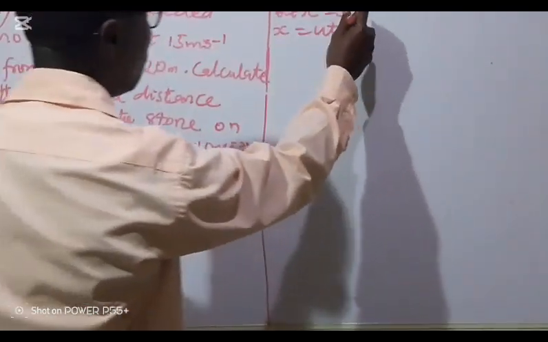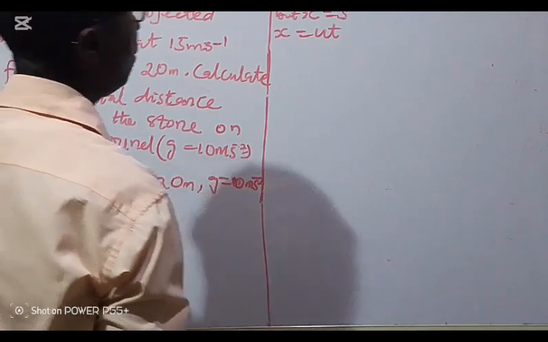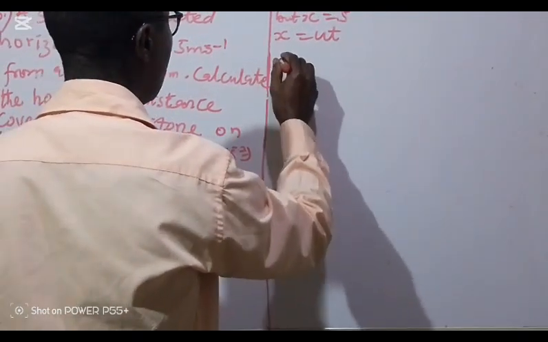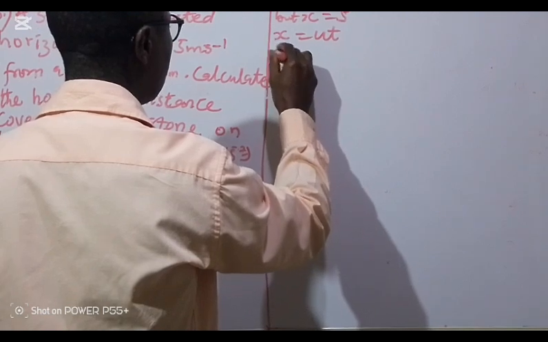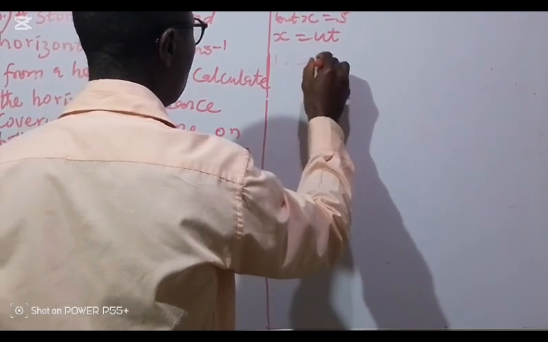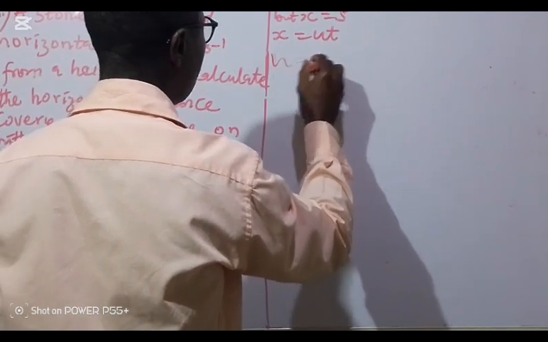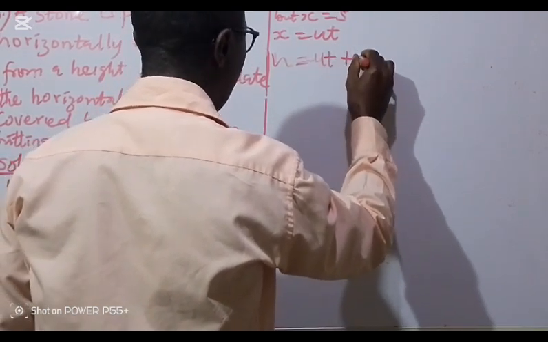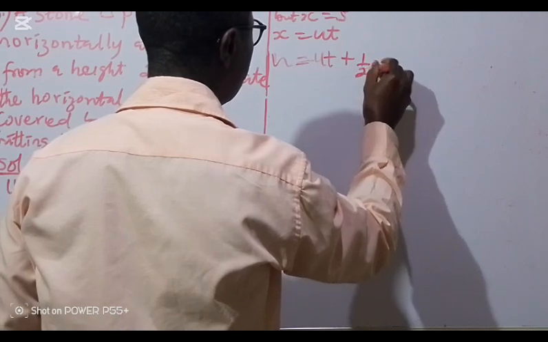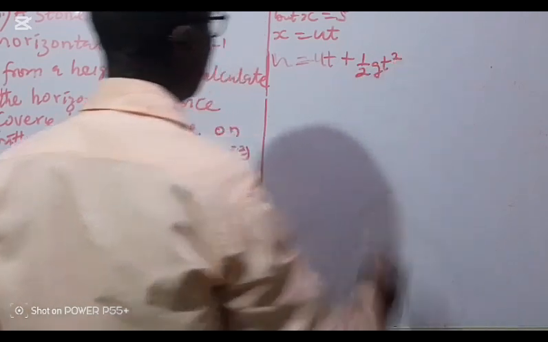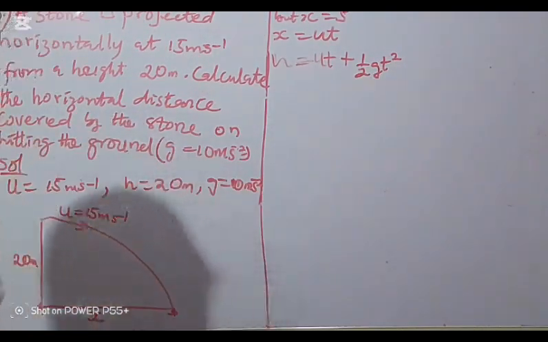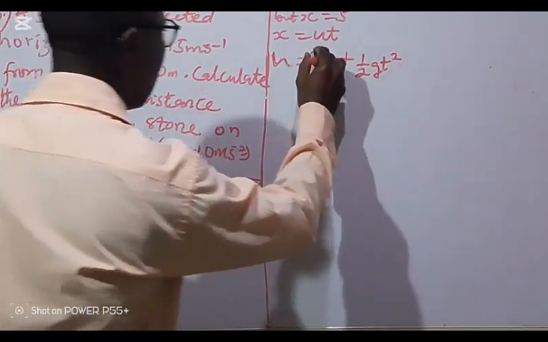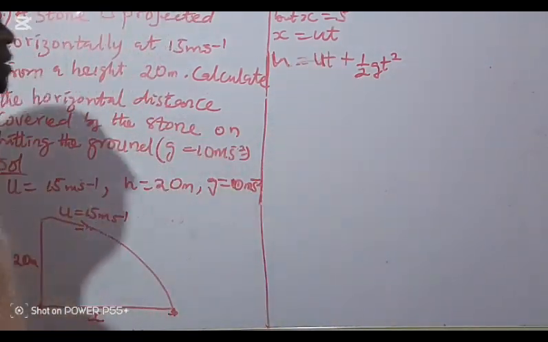So from there, let's apply the suitable formula by saying h is equal to ut plus half gt squared. h is equal to ut plus half gt squared.